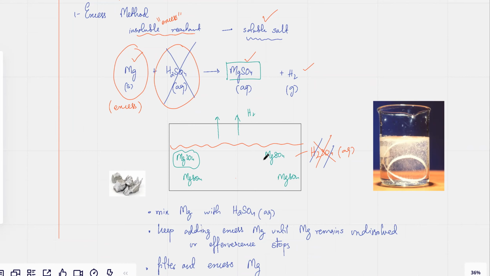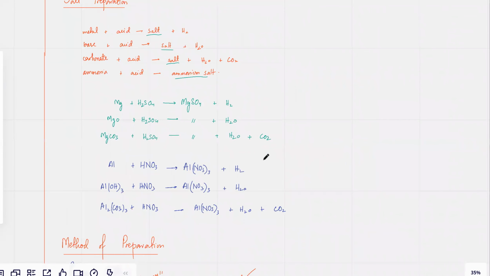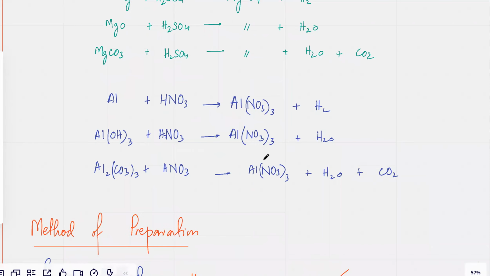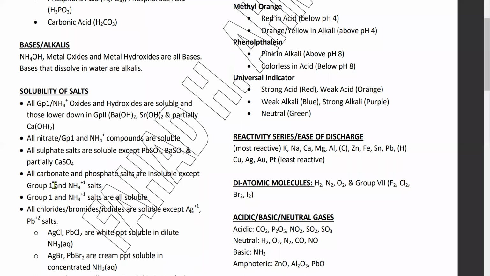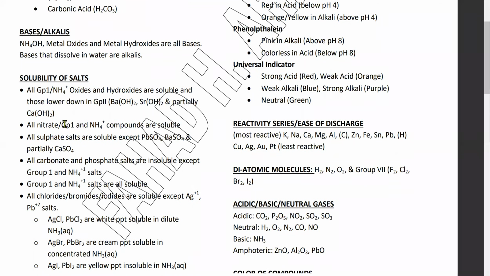That's the excess method. You can apply it to any reaction where the salt is soluble, for example, nitrates. Remember this: anything that contains NO3 is soluble. These are the compounds that are always soluble: nitrates, group 1 compounds, NH4+ compounds, and all acids. Group 1 and NH4+ compounds are soluble, but not oxides and hydroxides.